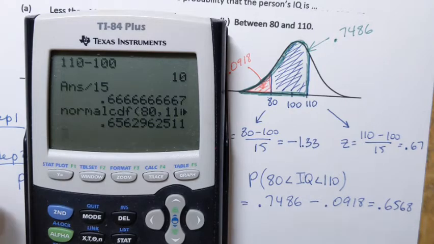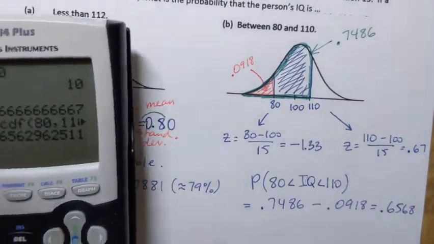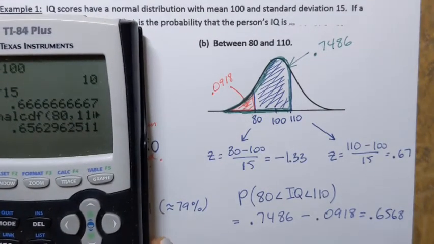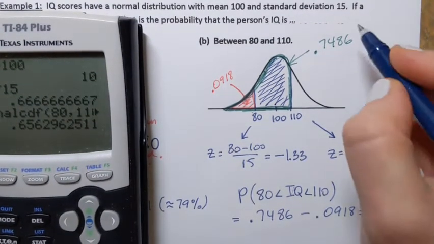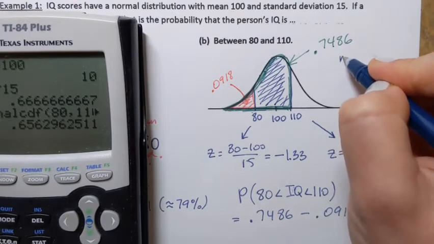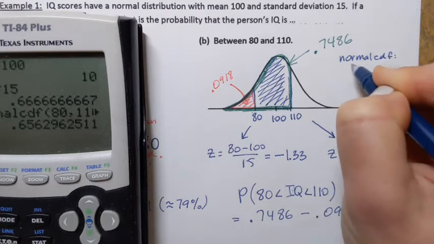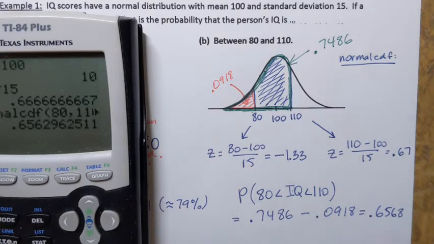Okay, so let's write this down so that you have steps from the calculator. So on the calculator, you will be using the normal CDF function, and you will be entering the following values.